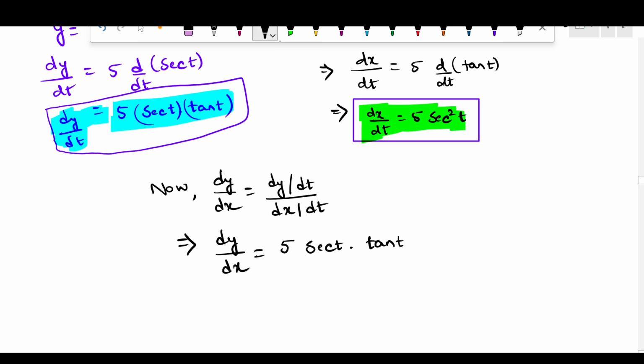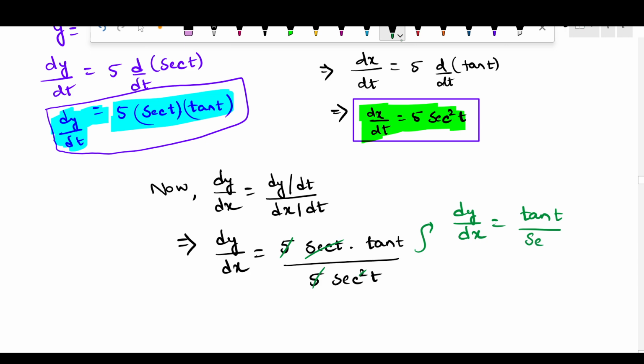So we put these values in this. So this is 5 secant square t. So this 5 and 5 cancel out, this secant t and this secant t cancel out. So this will become dy by dx is equal to tan t by secant t, right?